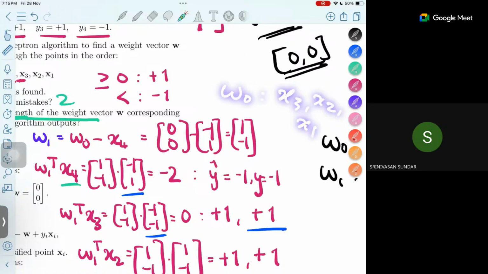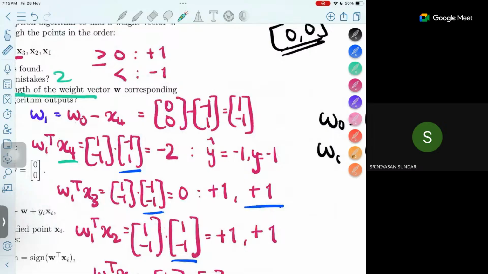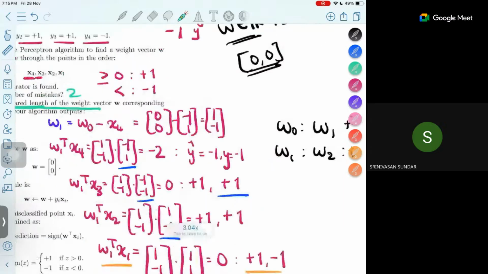Correct? We immediately stopped that iteration. We updated W to W1, and then again we started from x4 only. We didn't continue from x3. Which means that the number of mistakes is exactly the same as the number of iterations. In every iteration, you make only one mistake. That is a characteristic of perceptron.